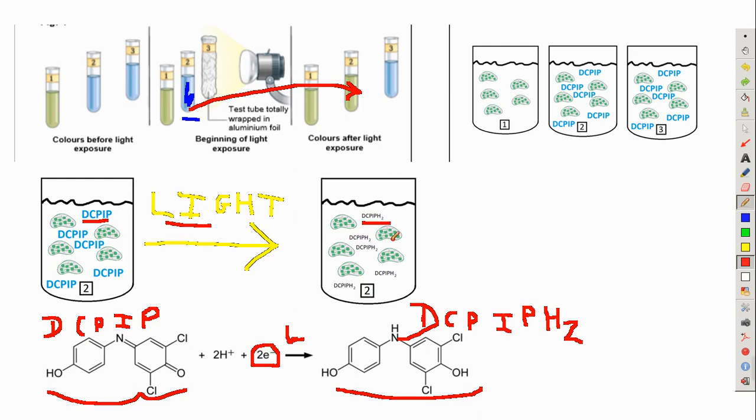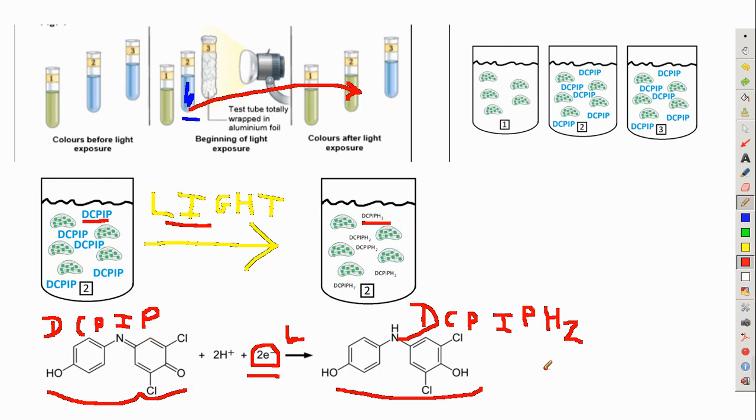And the third thing we can say as a hypothesis is that because of light there is a mechanism which releases electrons, and these electrons are then taken by DCPIP, which is an electron acceptor, and therefore the molecules are reduced into DCPIPH2.